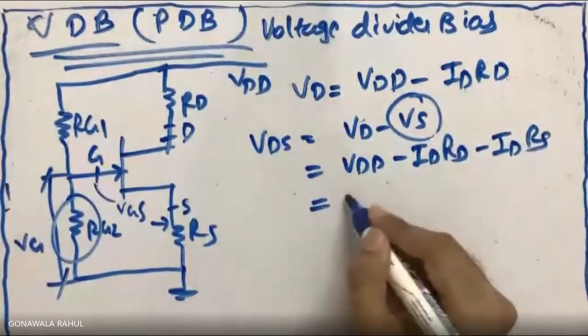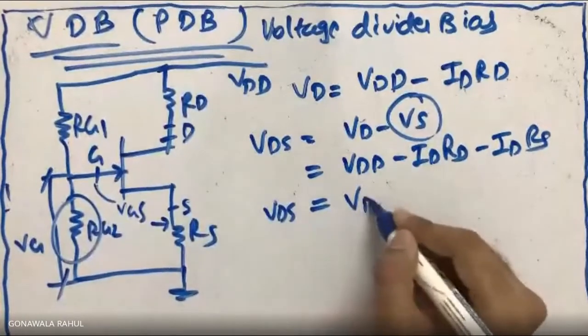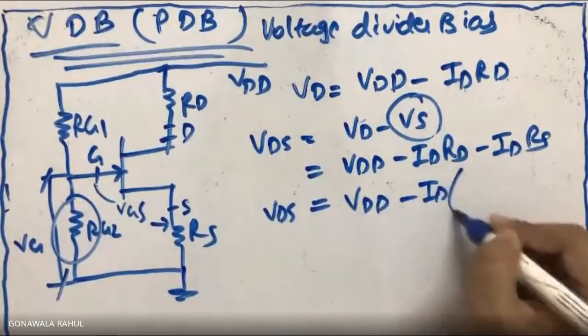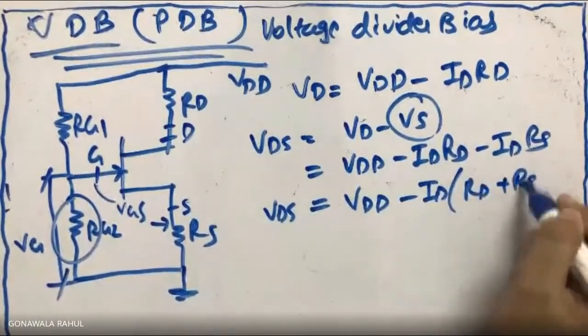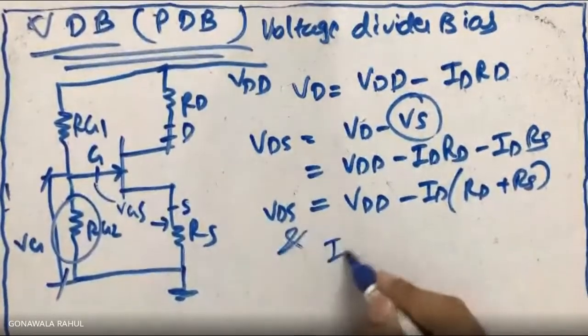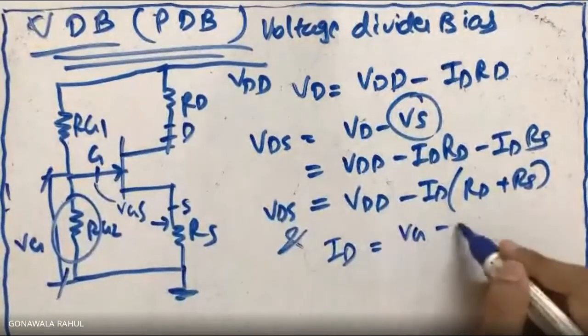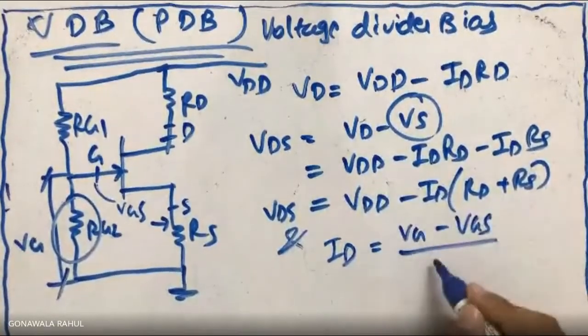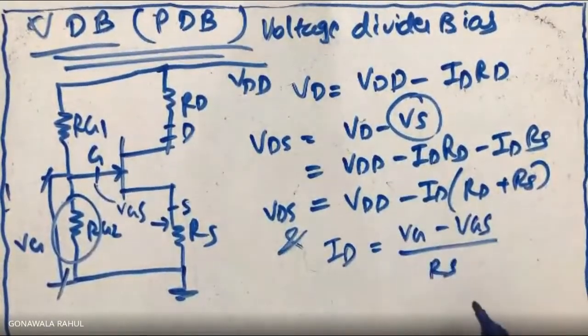So I can say VDS is equal to VDD minus ID into RD plus RS. Okay, and we know how to find ID, that we have an equation already derived, VG minus VGS upon RS.